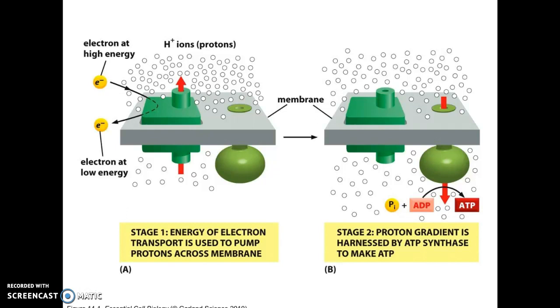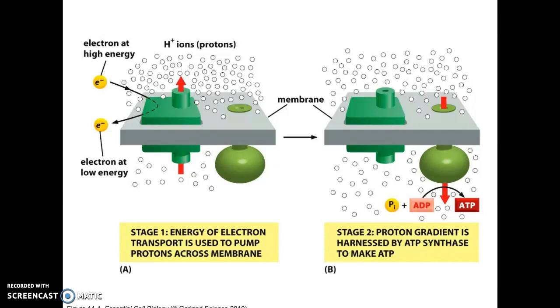The energy of the proton gradient is going to create a rotational energy in the ATP synthase, and that rotational energy is going to cause conformational changes in 3 different subunits of the F1 ATPase. That's the lollipop head on the matrix side of the ATP synthase.